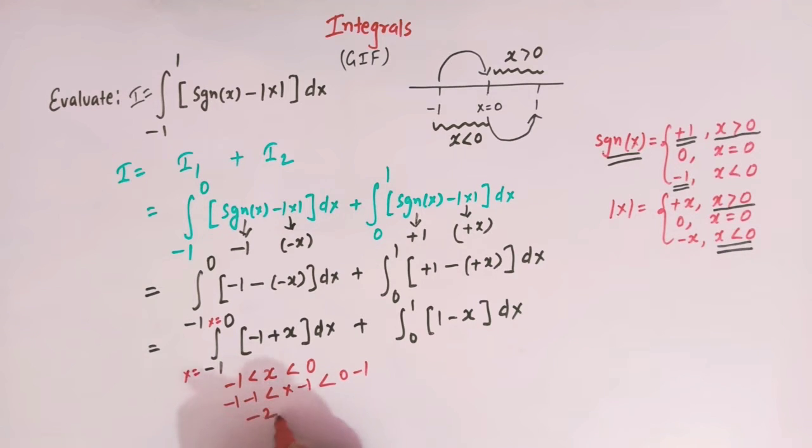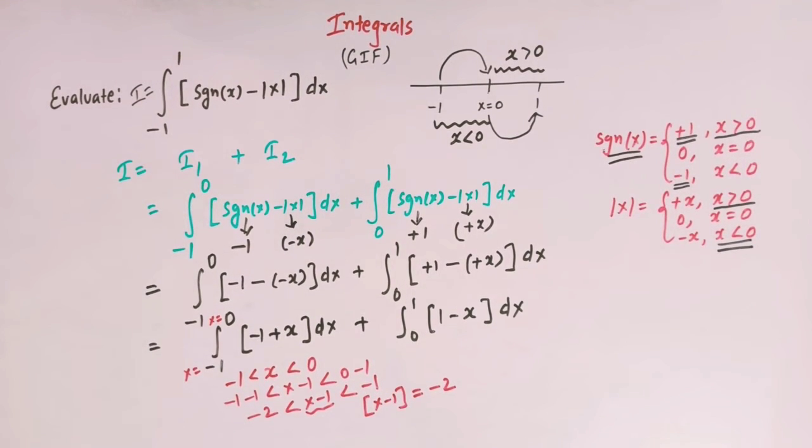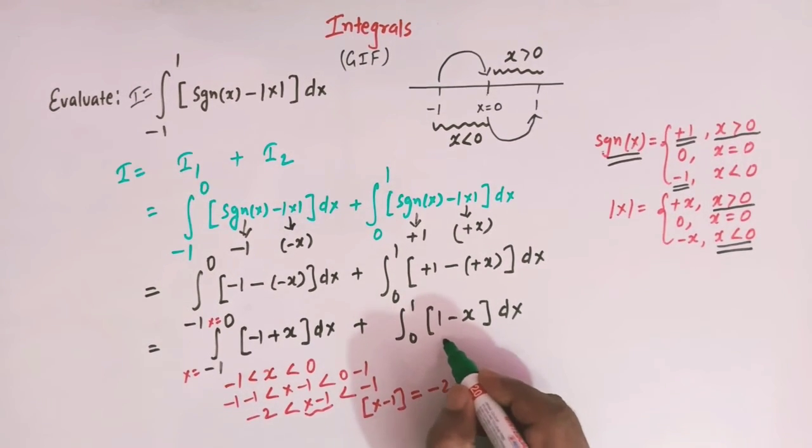So we have -2, this is x -1, and this is -1, right? So we see x -1 lies between -2 and -1. So by the definition of greatest integer function, the value of greatest integer of x -1 should be equal to -2, right?